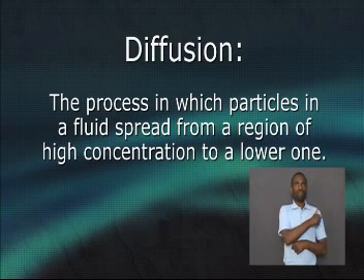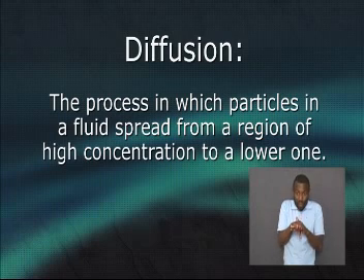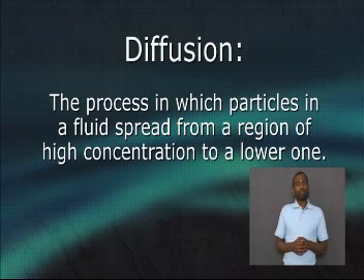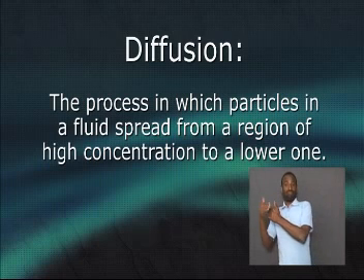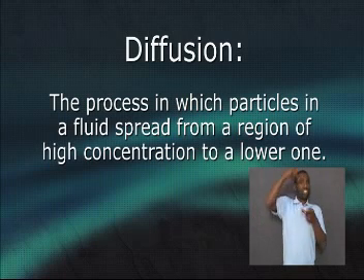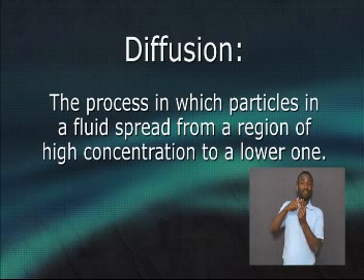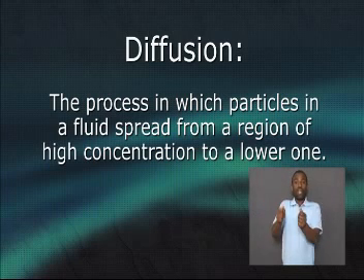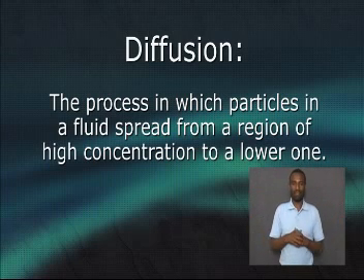If you spray perfume in one area of a room, with time, you will smell it on the other side of the room. The particles travel from the high concentration at the nozzle of the bottle and become more diffuse, spreading throughout the room.